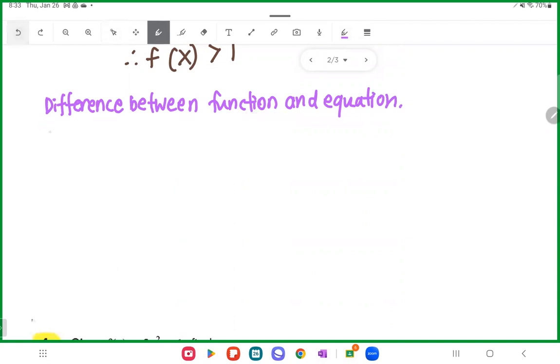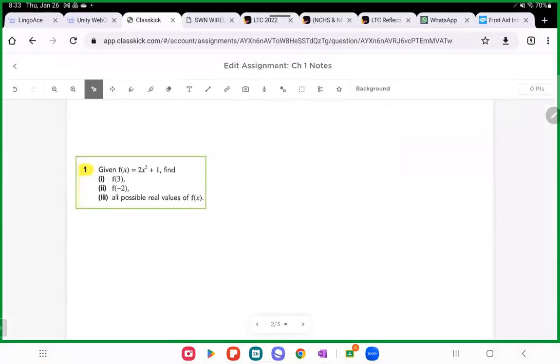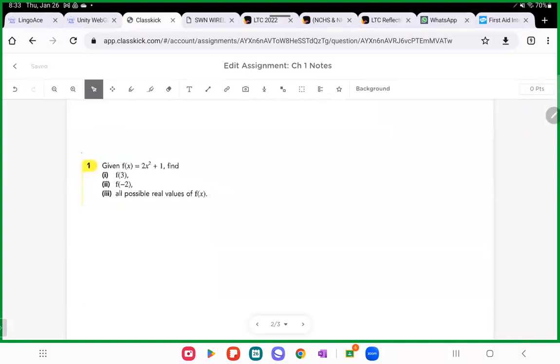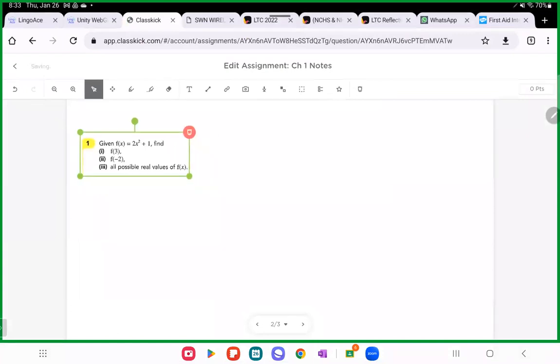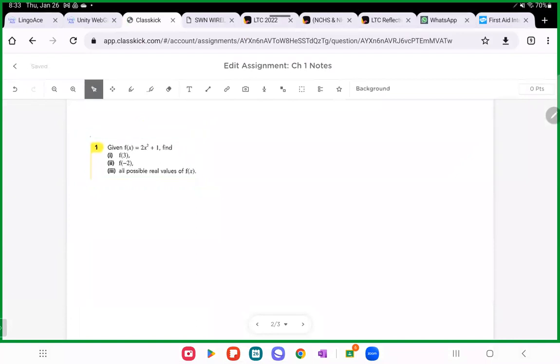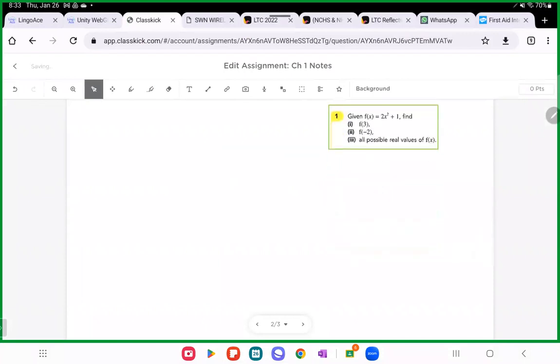Anybody wrote it on the first page also? Because you wrote it below, is it? Like that? Now the cover is this one. Okay, I will move it here then.